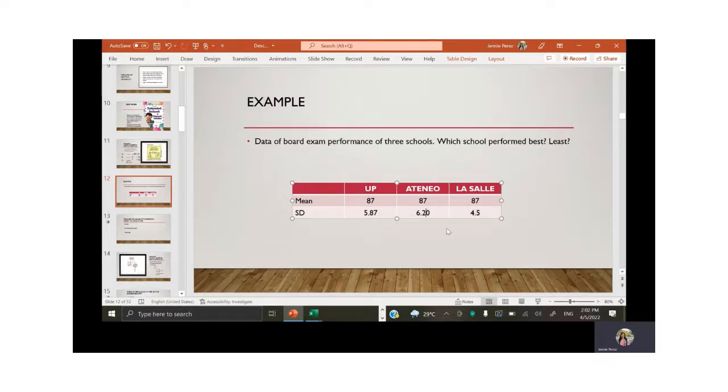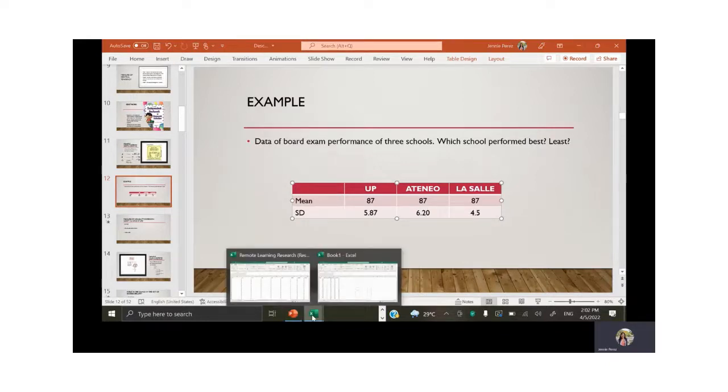But compared to LaSalle, all of the students are somehow congregated, they flock all together to the mean. Halos magkakapareho, homogeneous yung scores nila. Kaya mas maganda ang performance as a school ng LaSalle. So that is measure of variation.